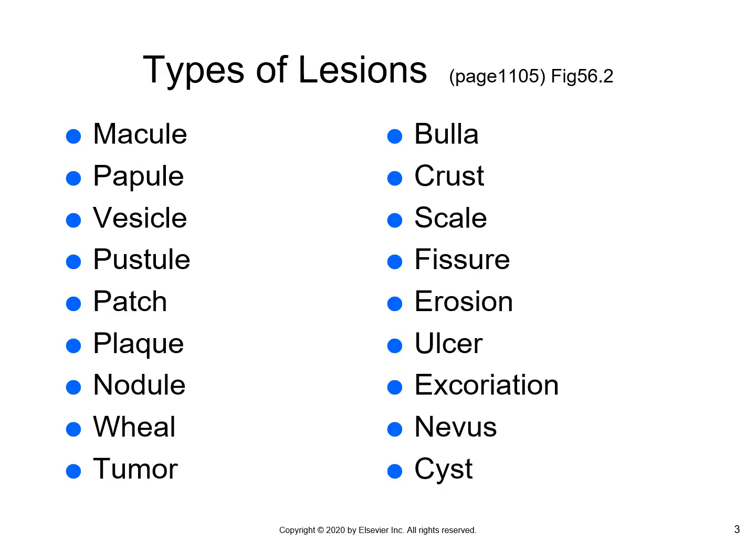Right, let's go to page 1105, figure 56.2. And let's go over the types of skin lesions one by one. So macule, this is a flat area with color different from surrounding tissue.